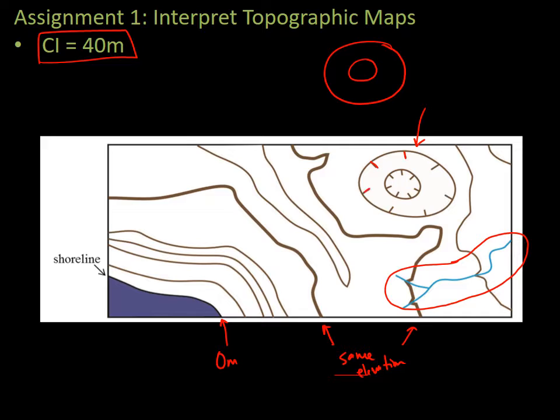These little brown short tick marks, which I'll draw here, tell us something about the downhill direction. If you have a bunch of circles like this, the tick marks point in the downhill direction. And so these two topographic line circles represent a depression. In other words, the center is lower elevation than the surroundings. All right, there's my hints. Good luck.